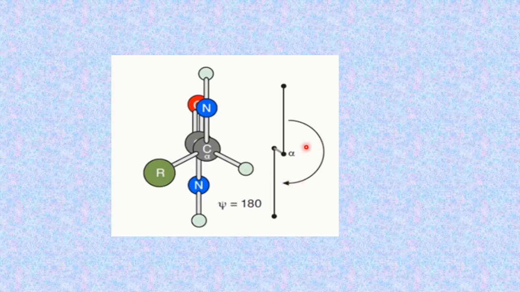So because of this, say here, this oxygen has changed its orientation because this rotation over here is by 180 degree.